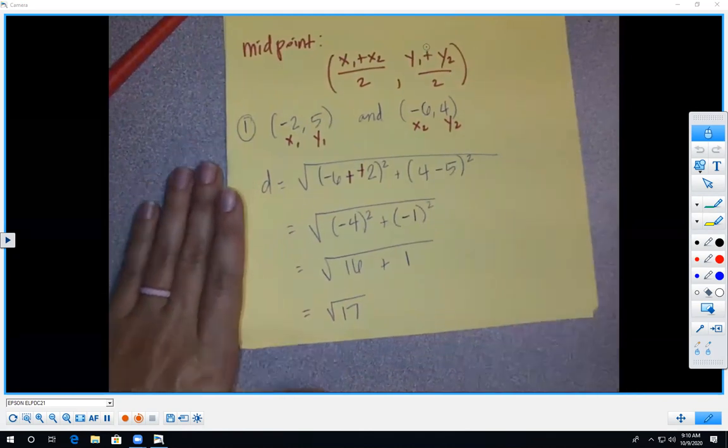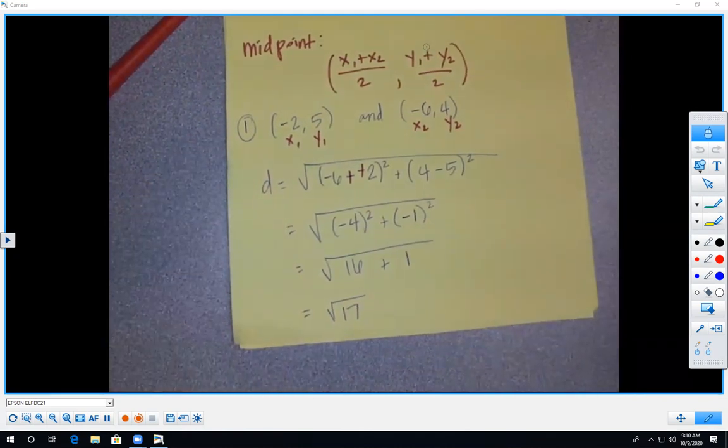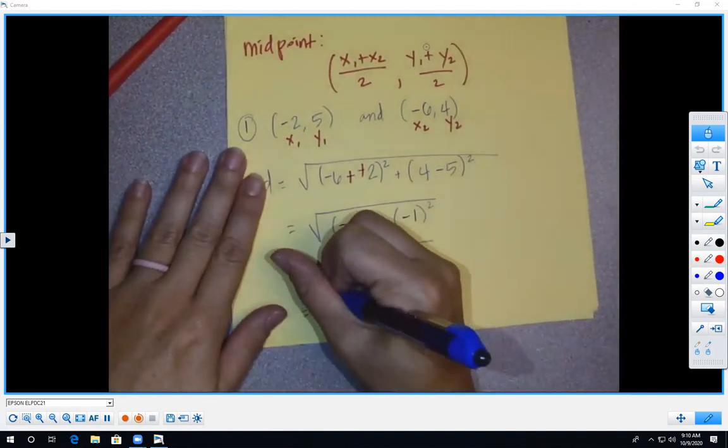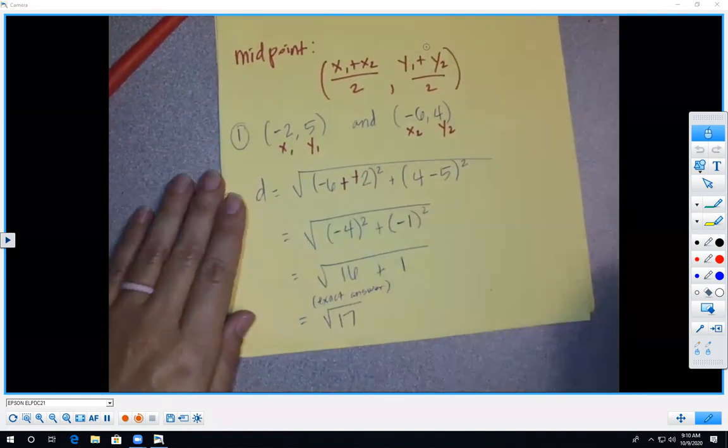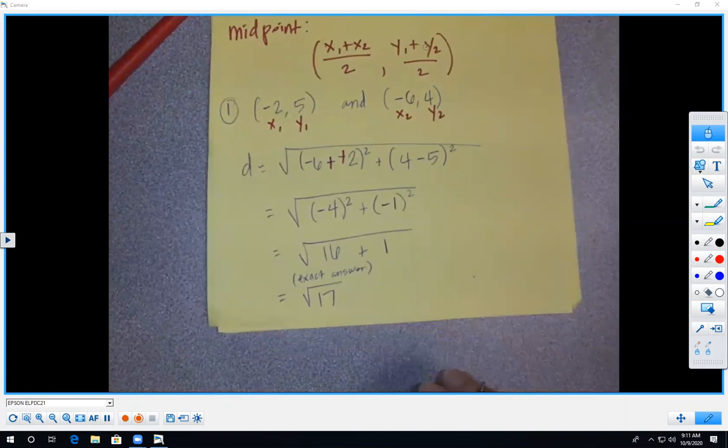So I have two answers here. This is one of them: the square root of 17, that's the exact answer. It's not rounded off, it's not approximated. On MyMathLab, if it asks for the exact answer, it's asking for the square root, and that has to be simplified. In this case, we can't really simplify that.